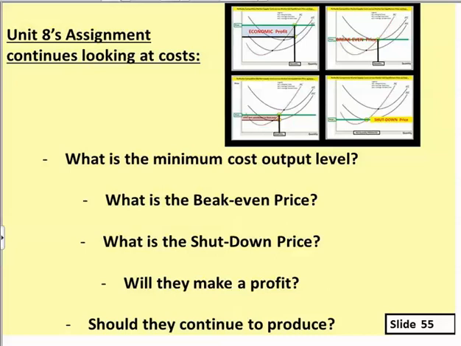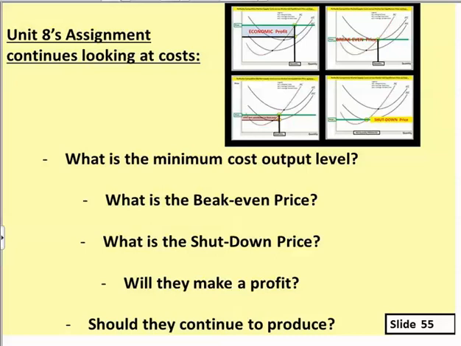Now, your assignment for this week has you computing minimum cost output level again, and this time you're going to have to also compute a break-even price and a shutdown price, and then you're going to be given a series of situations. Basically, here's the price, how much will the business make a profit, and should they continue to produce in the short run?